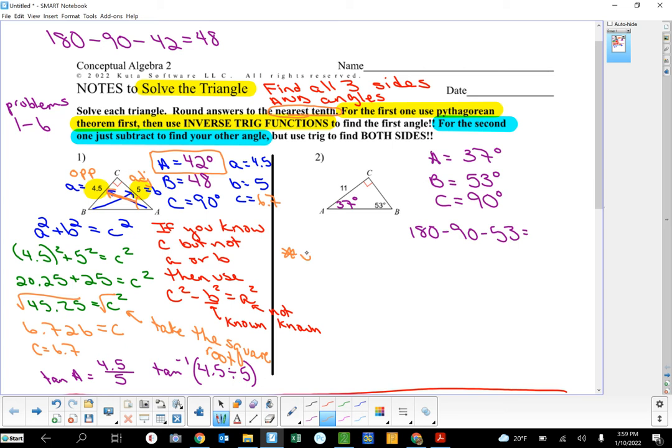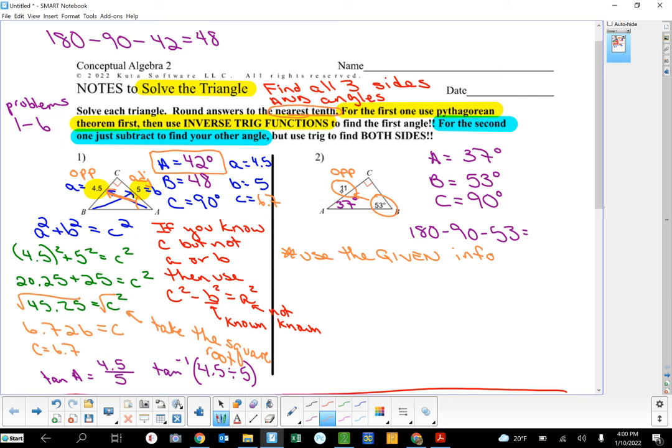So that means don't use what you find, okay? Use the 53, use the 11, all right? And that's just in case you made a mistake. That way you're not using something you found. So compared to the 53, the 11 is the opposite.